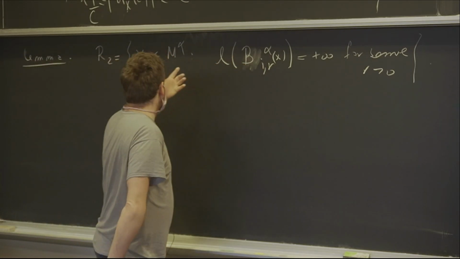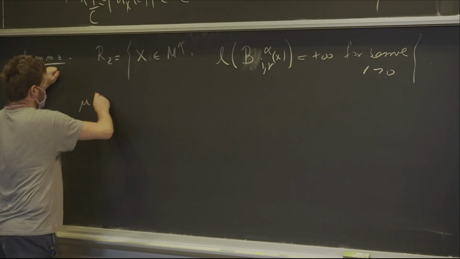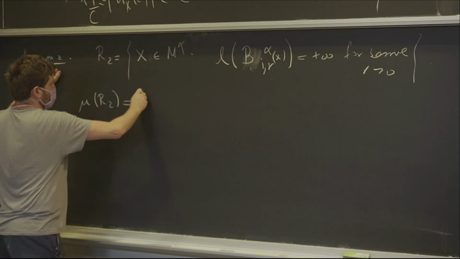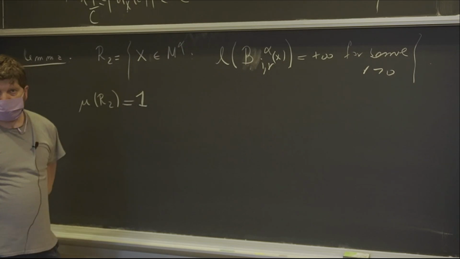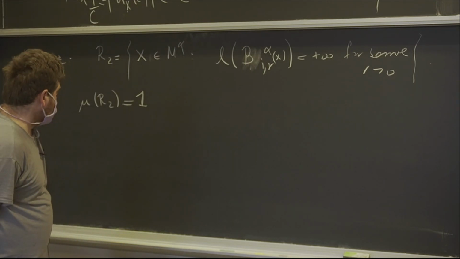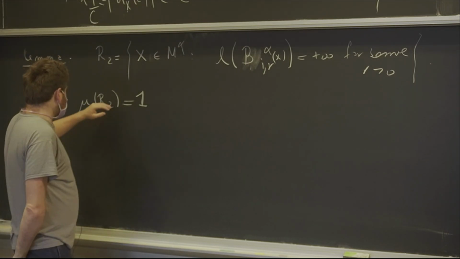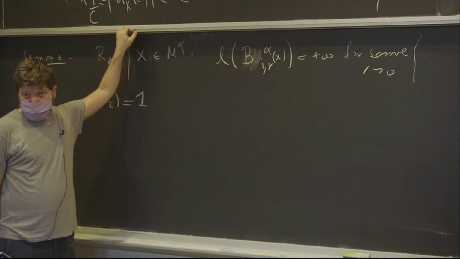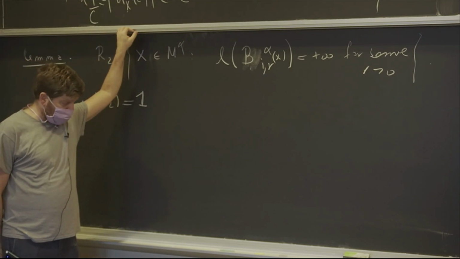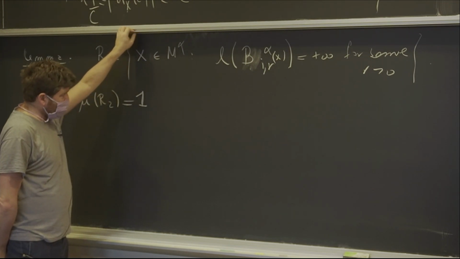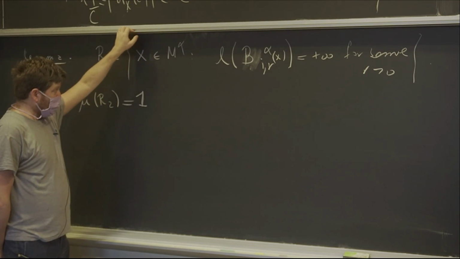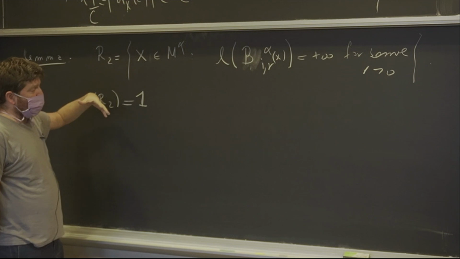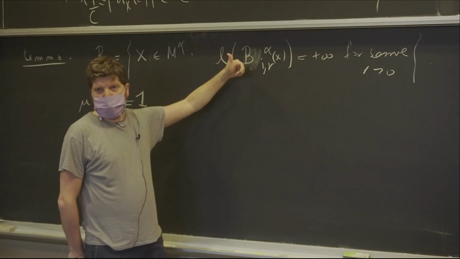Now, again R2 will be invariant, so it's either measure 0 or measure 1. But more important than that, the reason it's not everything is because the W^i manifold is not defined everywhere.